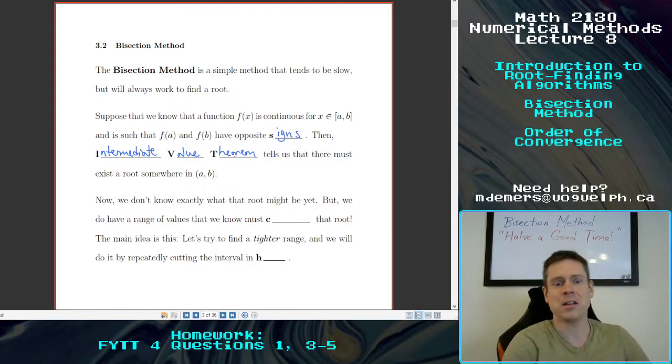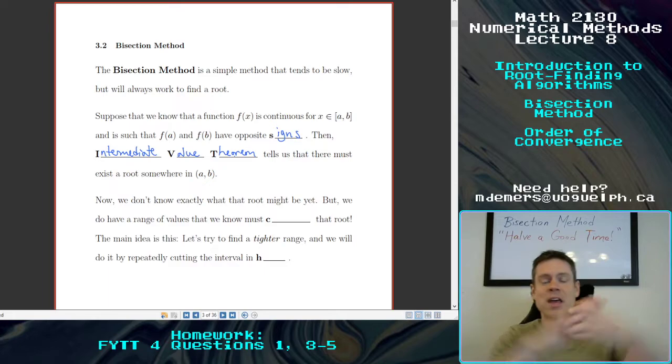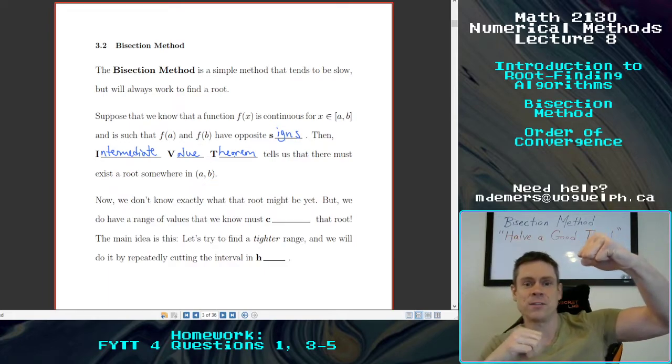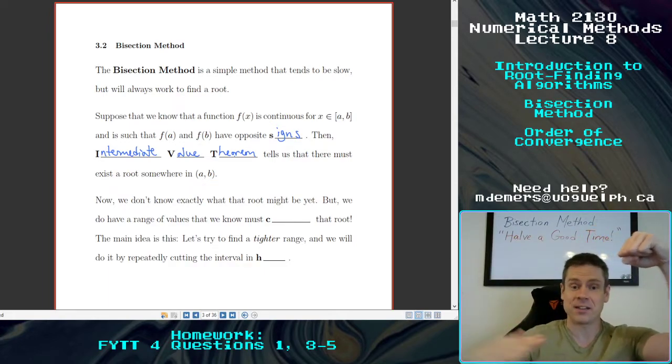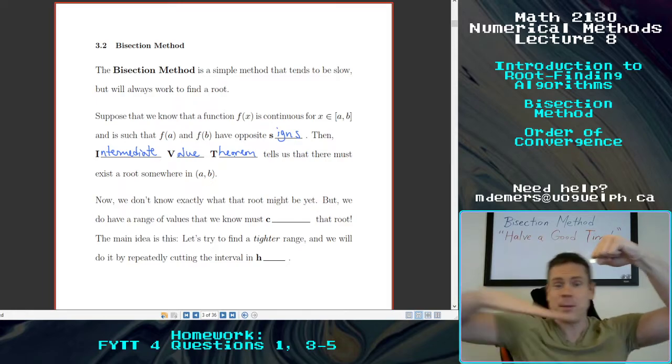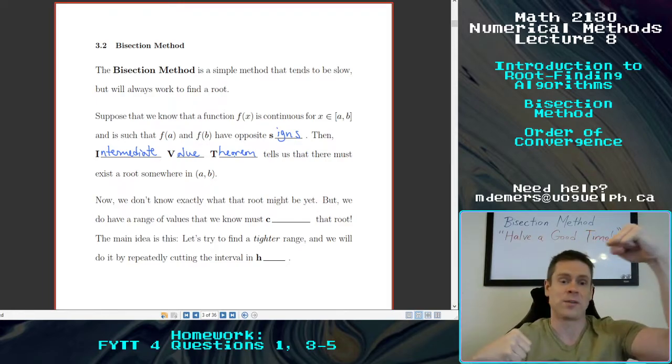And what does it say? It says that there has to exist a root. If on one side the function's positive and on the other side the function's negative and it's continuous between the two, there has to be a 0 somewhere in between the two, at least one of them.